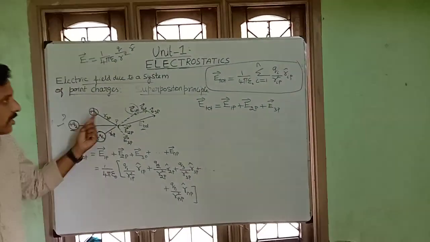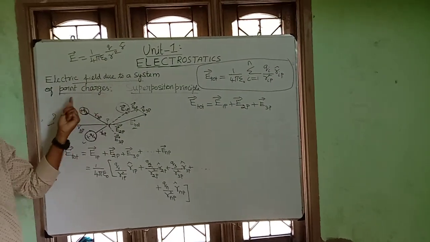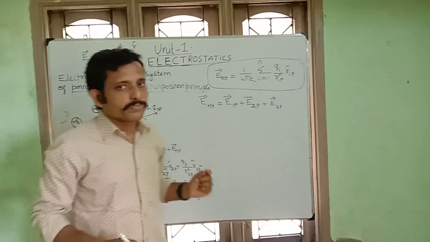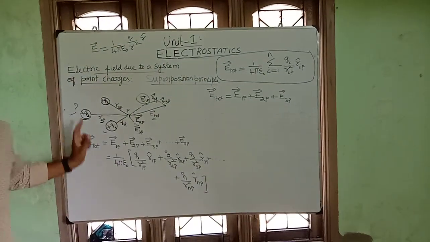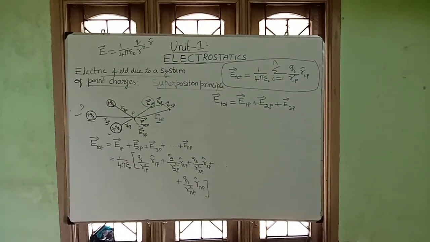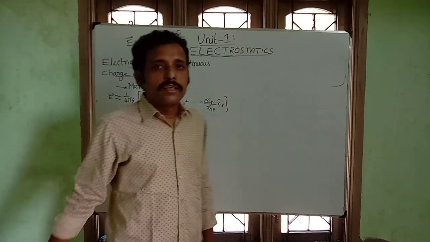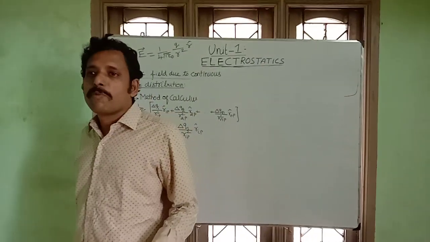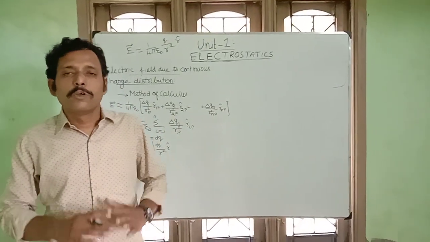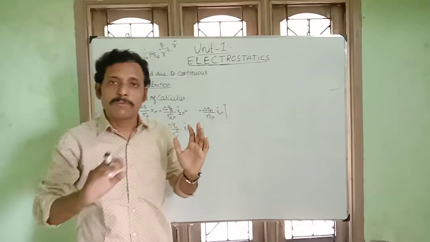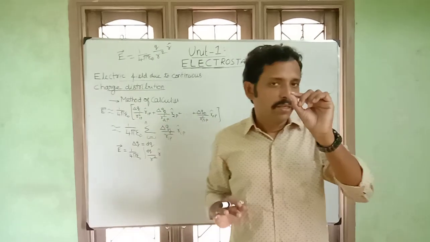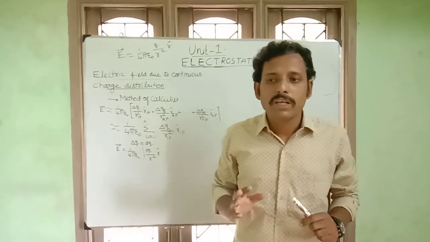So this is the electric field due to a system of point charges. Just make a note of it. I think you are clear about the electric field due to a system of charges. Remember the heading, system of point charges.